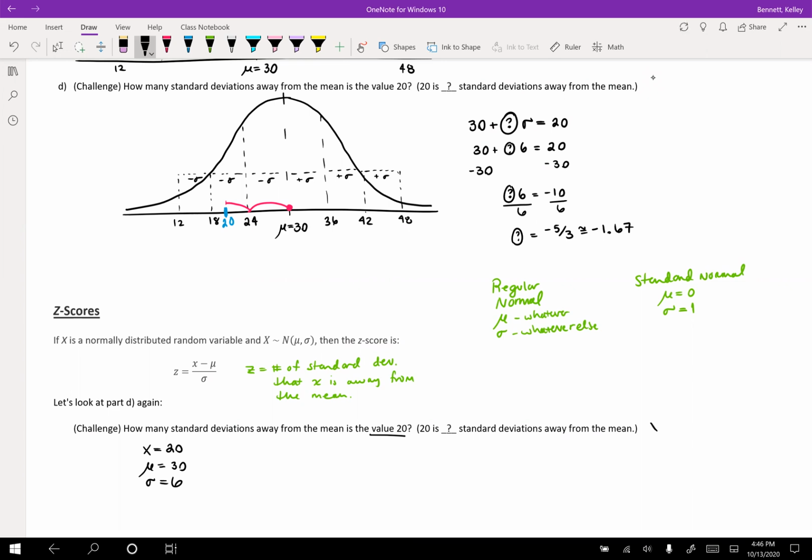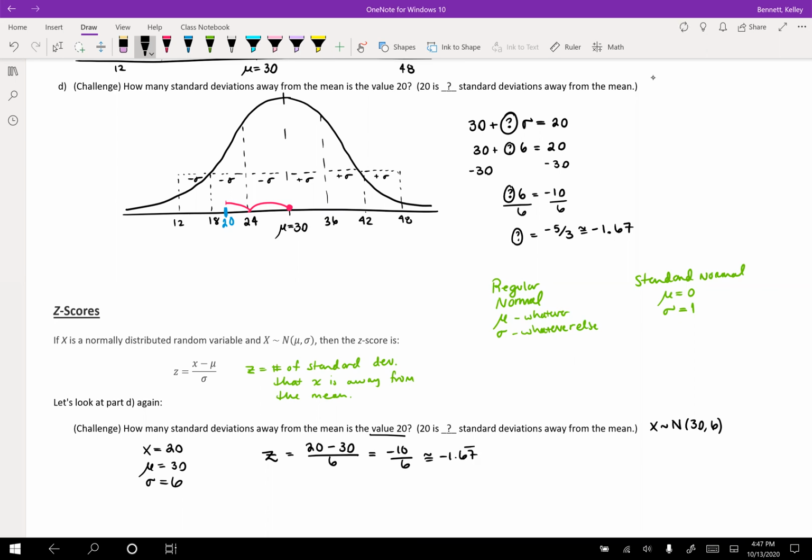Remember here that X was following a normal distribution with mean 30 and standard deviation 6. So if I want to know how many standard deviations 20 is from the mean, I can just plug it into this handy formula. So I've got 20 minus 30 over sigma, which is 6. And again, we'll see that this is negative 10 over 6, approximately negative 1.67.